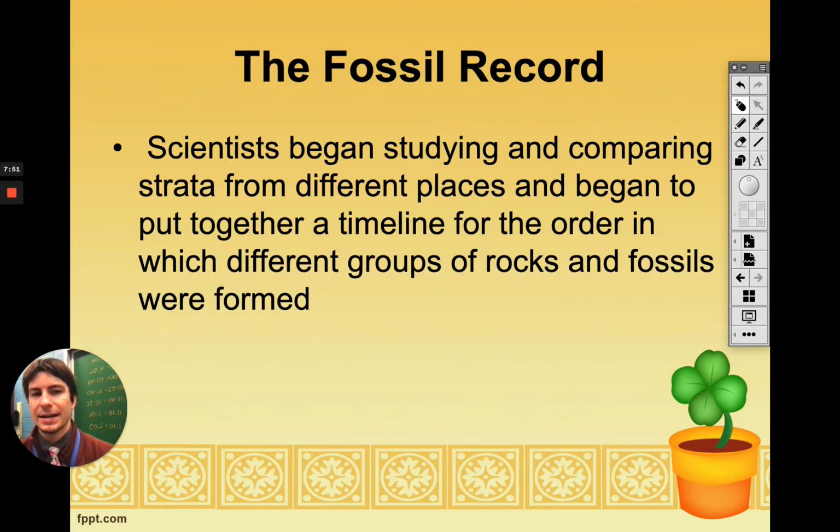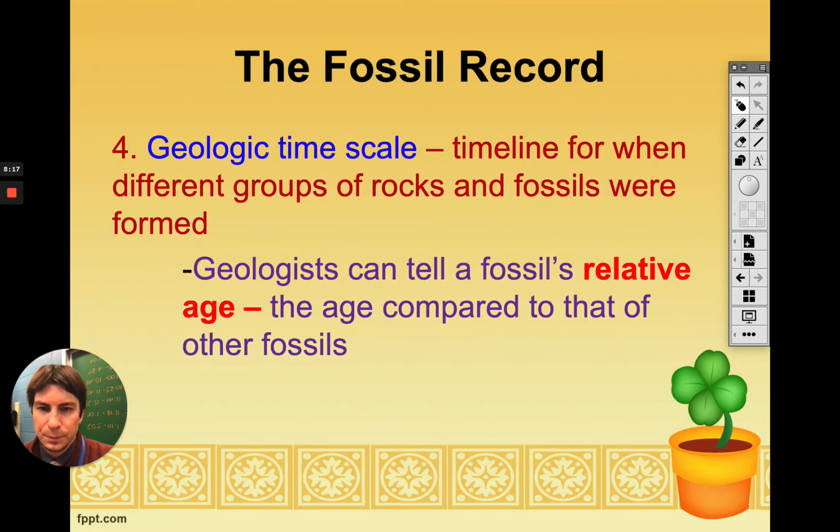We were able to find out things that were different in the previous species before we were around, and maybe what happened in the environment to cause this change to occur. So we began studying everything. We began studying the fossils. We began studying the rocks around the fossils to try to date them and come up with an order of when all these events occurred.